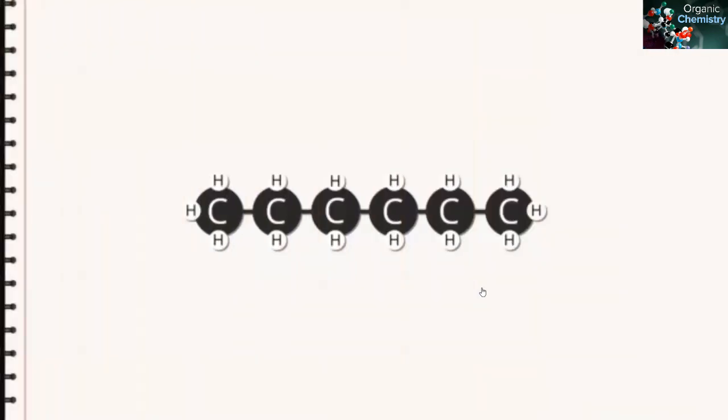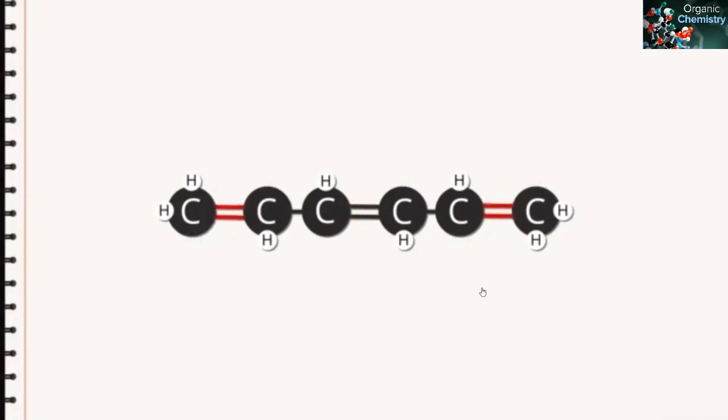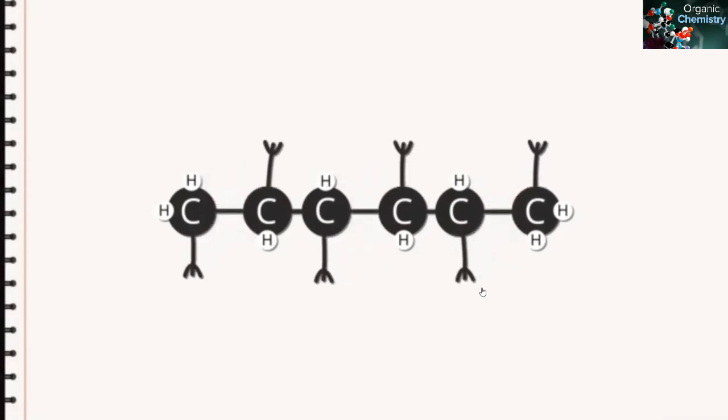Let's look at a longer compound, hexane, with 6 carbon atoms. If we change it to hexene, it gets less stable. The double bond means that it is more likely to react with other substances. If there are 3 double bonds in the molecule, it gets even more unstable. But there is one exception.